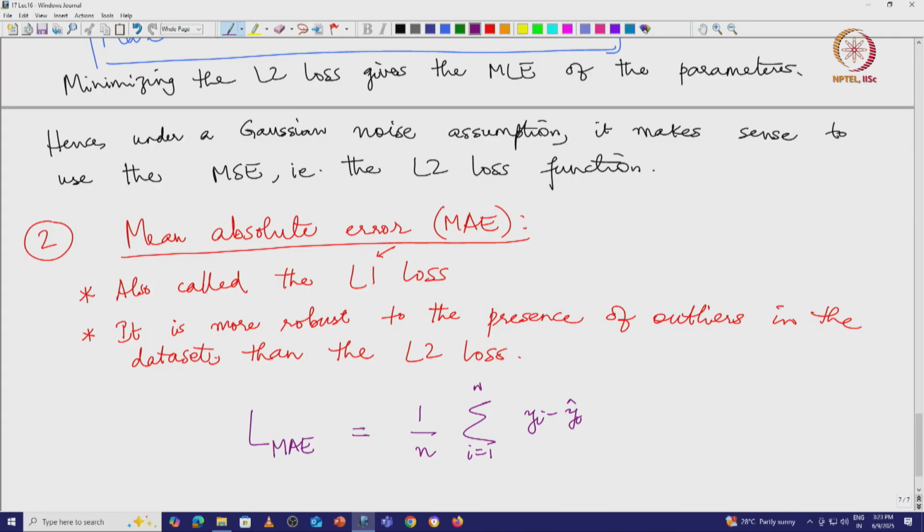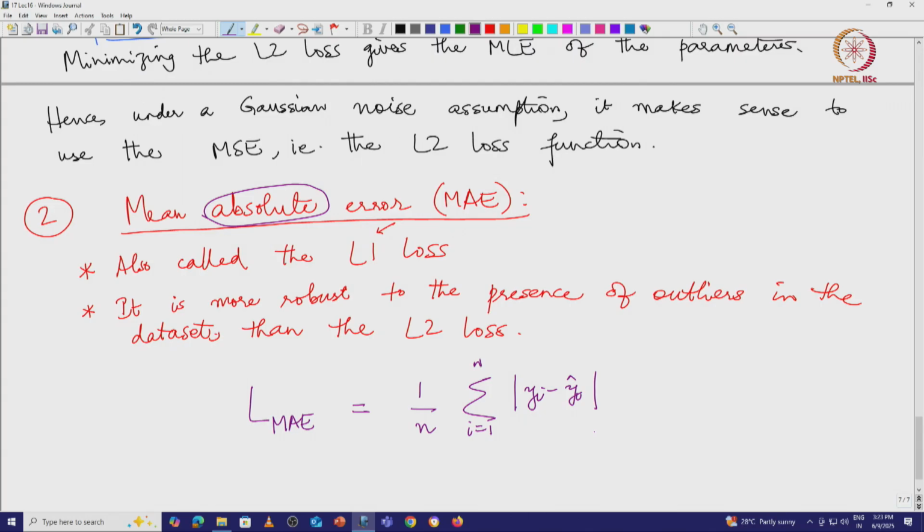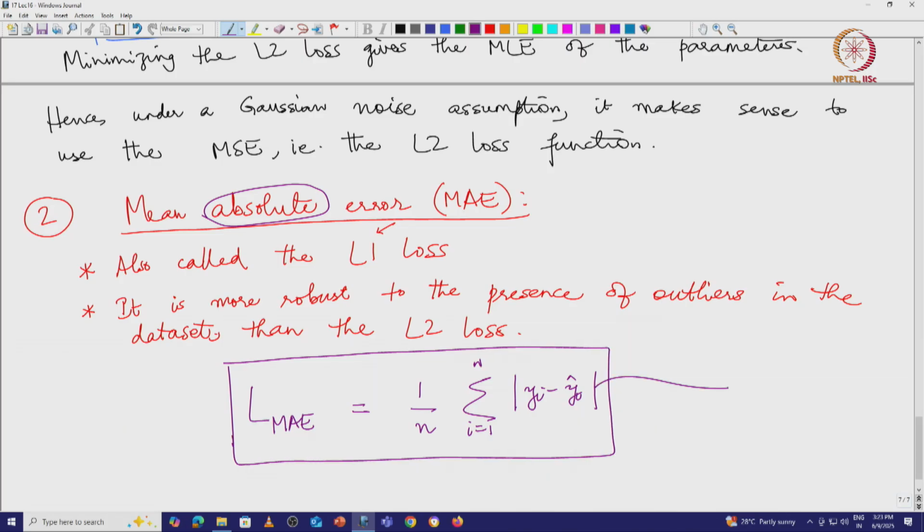So, what you need to do is make use of this word absolute that is there in the definition. So, you have to include the error between the true and the predicted value in an absolute value function. So, this is how the MAE loss is defined.